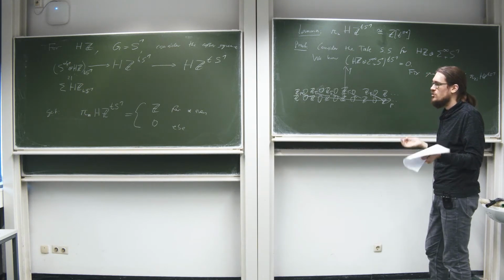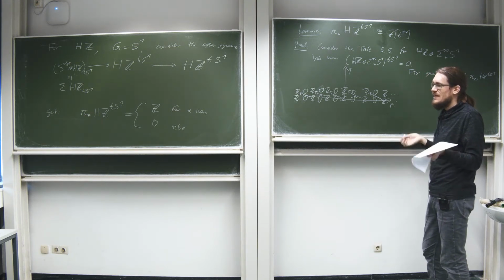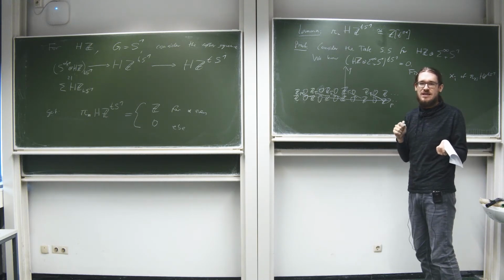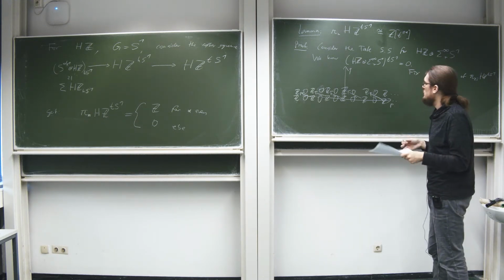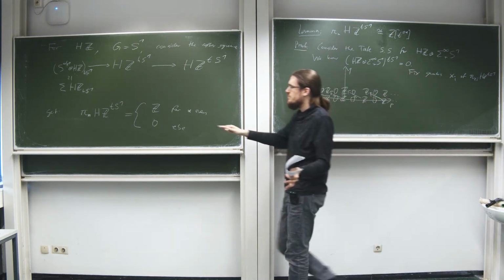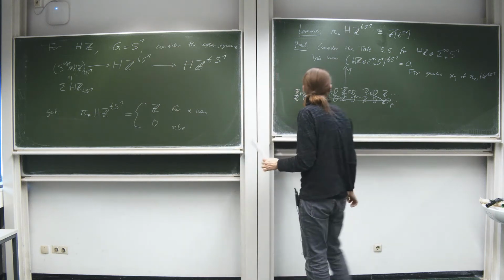Right? We don't yet know what the multiplication is. x_i times x_j will be some multiple of x_{i+j}. But additively, it's just free on generators x_i, right? We're just fixing generators for these guys.